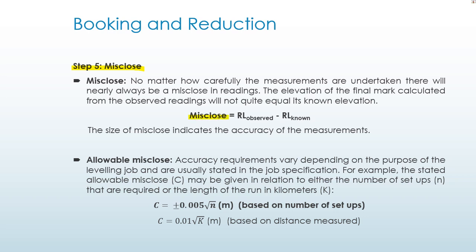That is the difference between the reduced level of the known point and the reduced level that you have calculated. We will then compare that misclose with the allowable misclose, the maximum misclose we can have in the measurement, by using the formulas given in the standard, or before you do the job, there will be a specification of the allowable misclose.